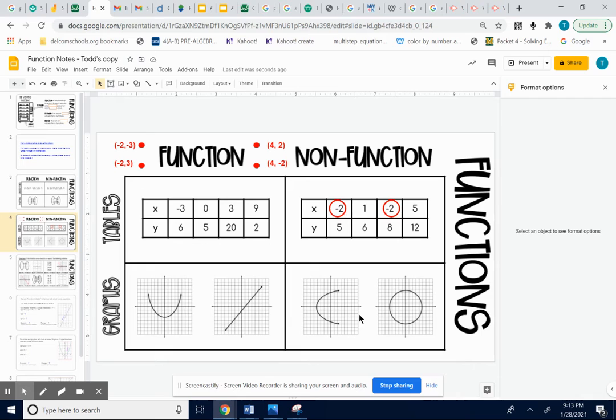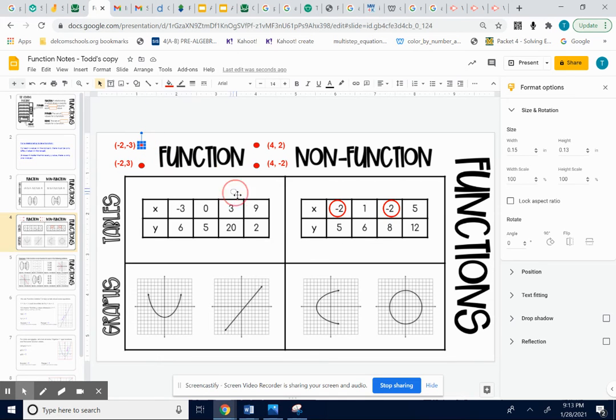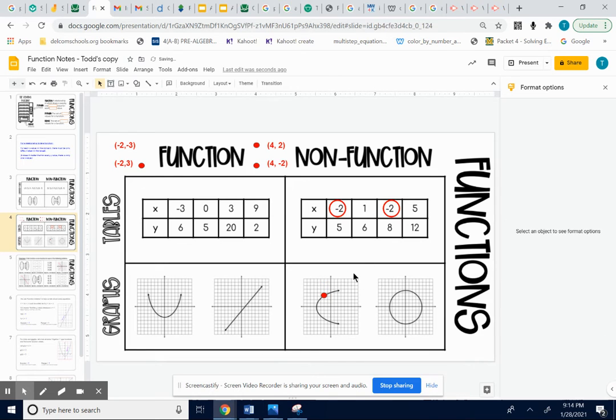Okay, let's look at the non-functions. Let's drag these points down. Look at this right here. For an x value of -2, you could think of this right here as the point -2, 3.